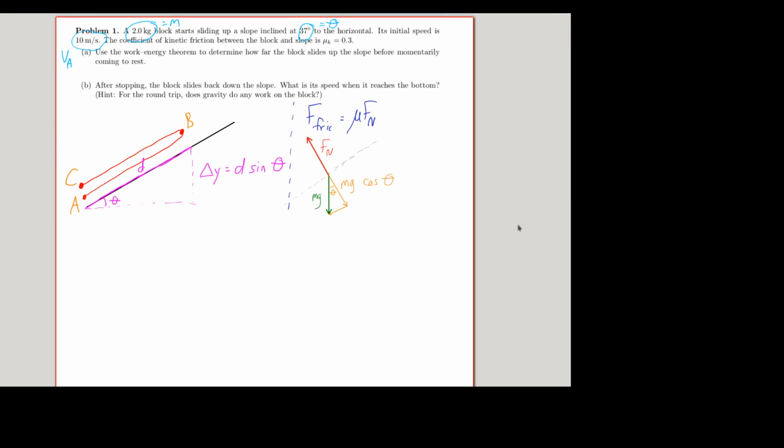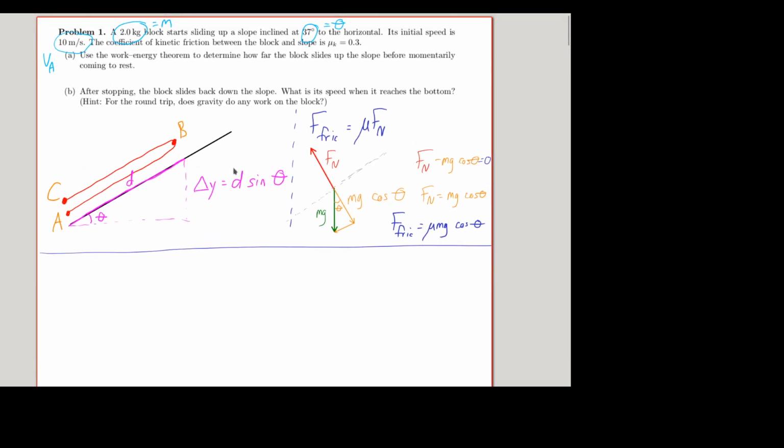This tells me that the normal force minus mg cosine theta equals 0. And that tells me the normal force is mg cosine theta, and thus the thing that I came here for, the force of friction, is mu mg cosine theta. So that's something that I will need when I do the work energy theorem. Might as well figure it out now.